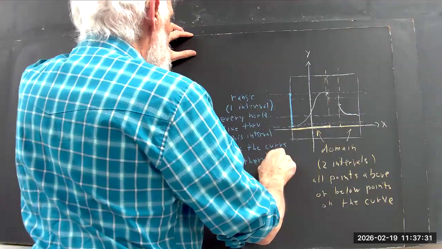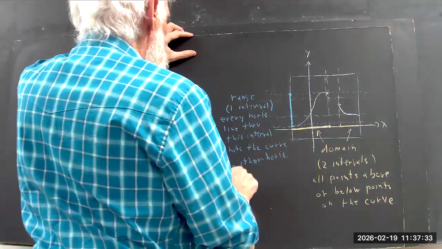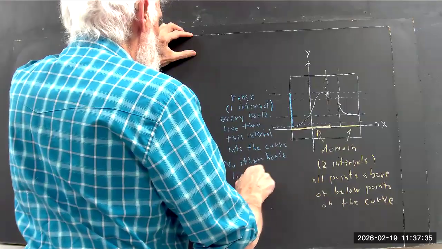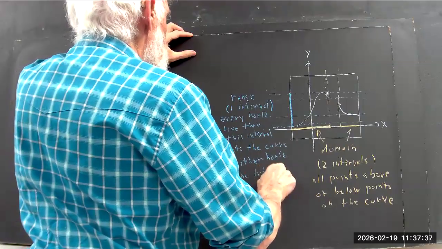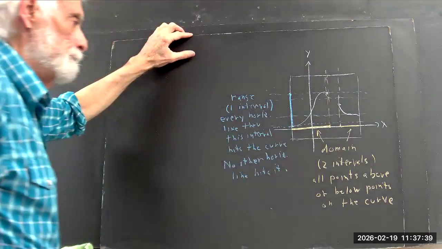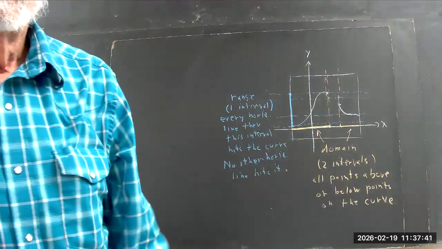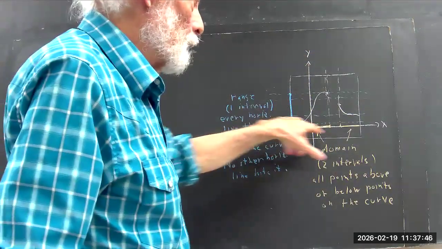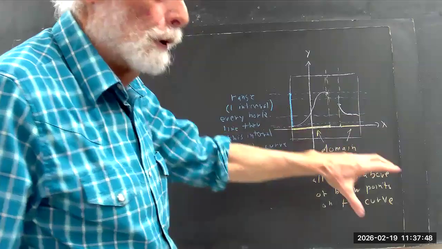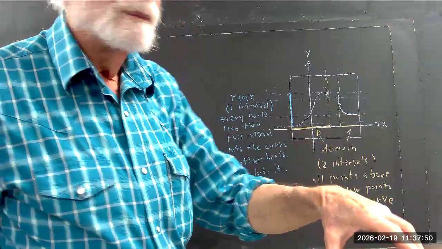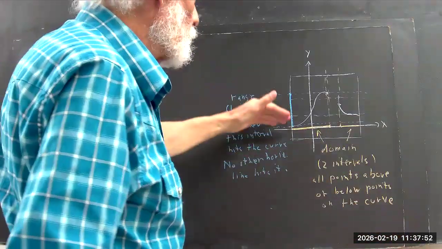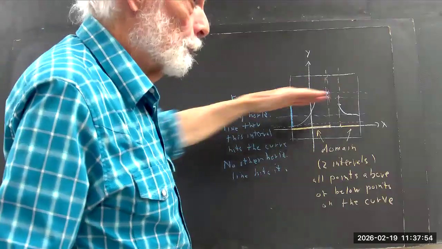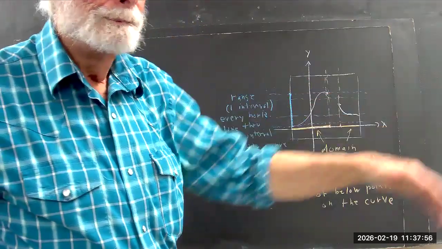The other horizontal line hits it. That's the intuitive idea of domain and range. All the points on the x-axis above or below your curve, all the points on the y-axis that are across from points in the curve.